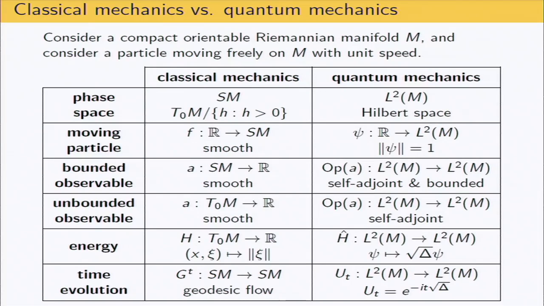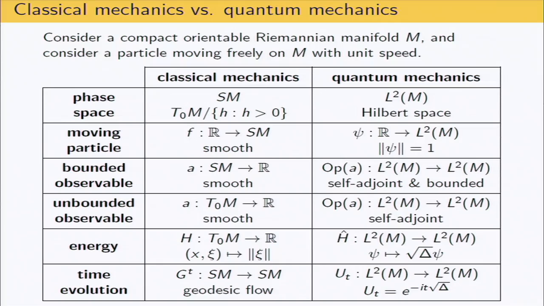Then you can think of a function that doesn't depend on the underlying points in the chart, but only depends on the vector in R^d that you choose. In that case, op-A acts on the Fourier side. So you take the Fourier transform of psi, multiply it by the corresponding function that only depends on the velocities, and then you take the inverse Fourier transform.